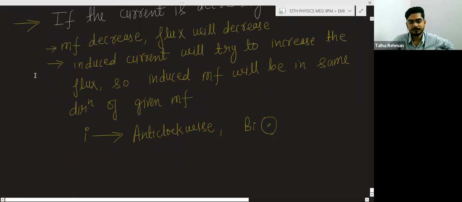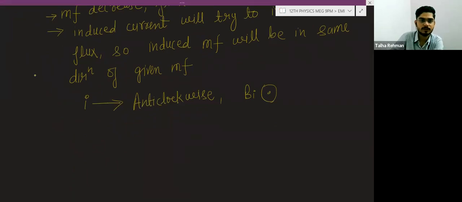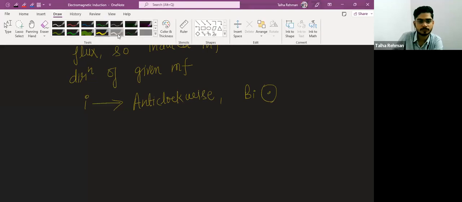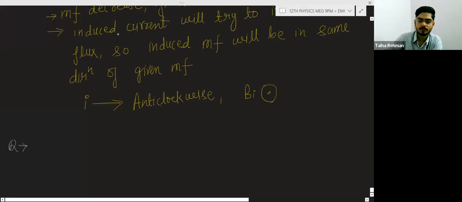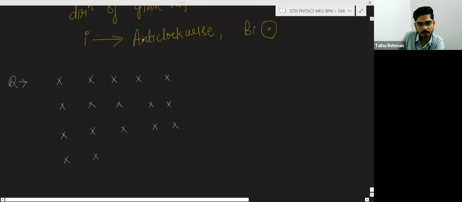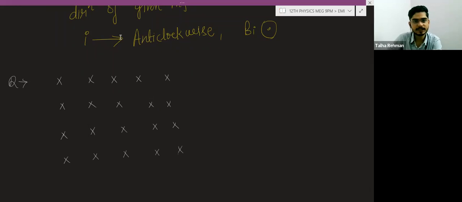Now I am taking one question. Suppose the magnetic field is in the outward direction, and there is one coil like this.